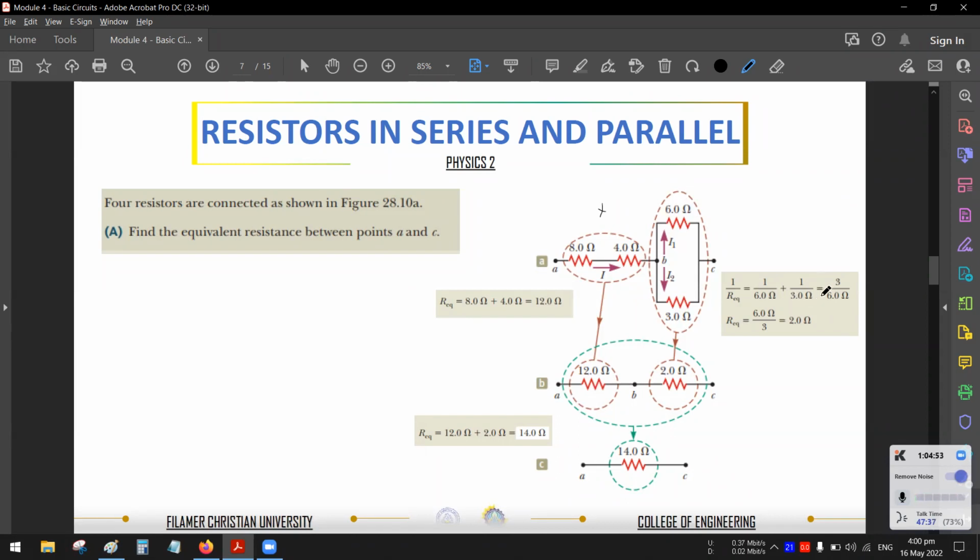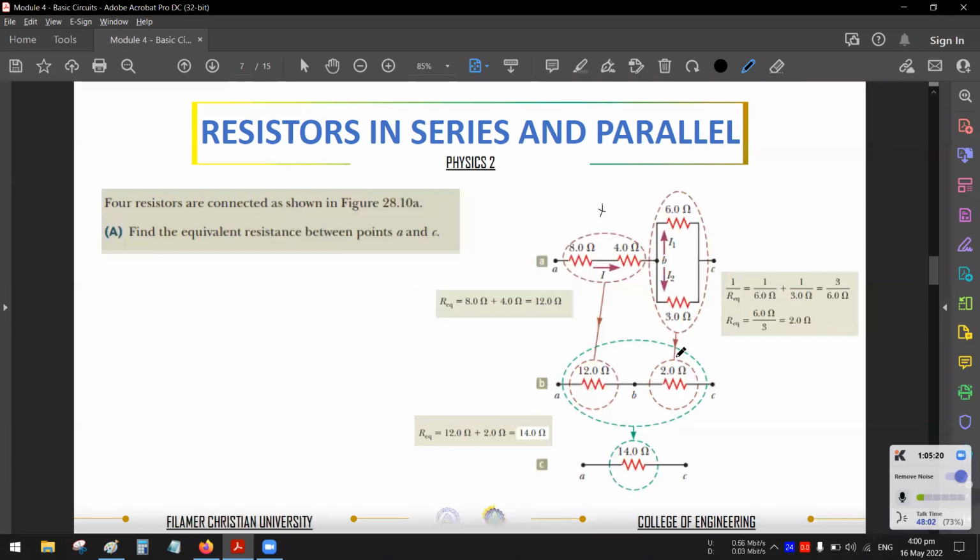Or that is equal to 3 over 6 ohms, then inverse mo siya, or that would be equal to 6 over 3, or that is 2 ohms. So the equivalent resistance for this parallel connection is just 2 ohms.